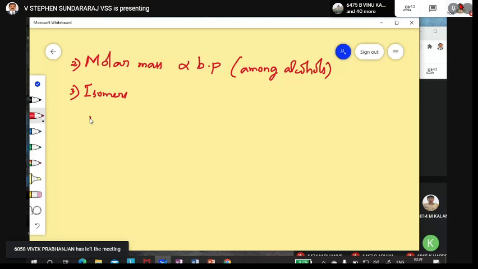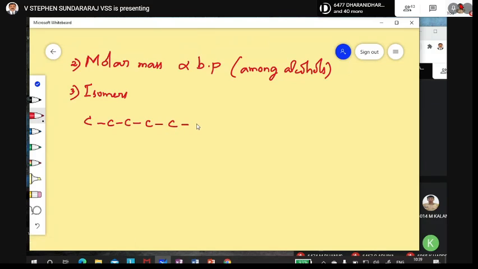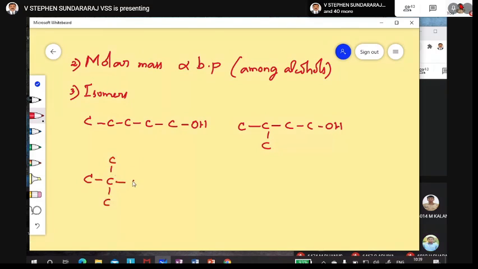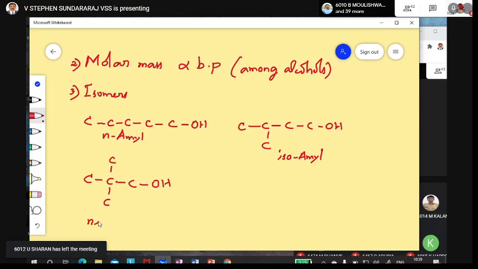I am writing only the backbone, carbon, carbon, and you can convert it into the full structure. This is N-amyl or N-pentyl alcohol, this is isoamyl or isopentyl alcohol, and this is neoamyl or neopentyl alcohol.